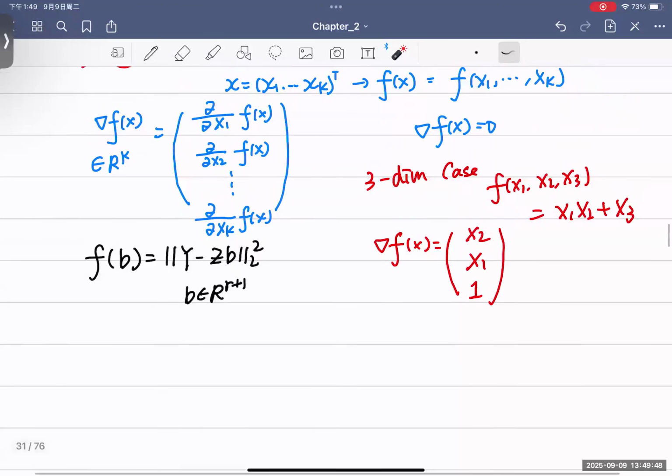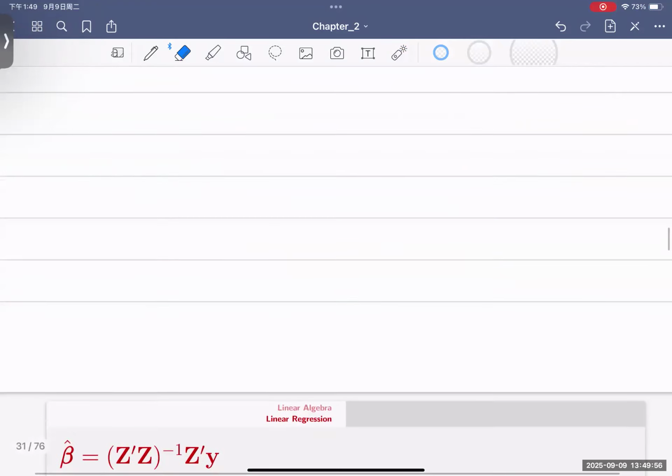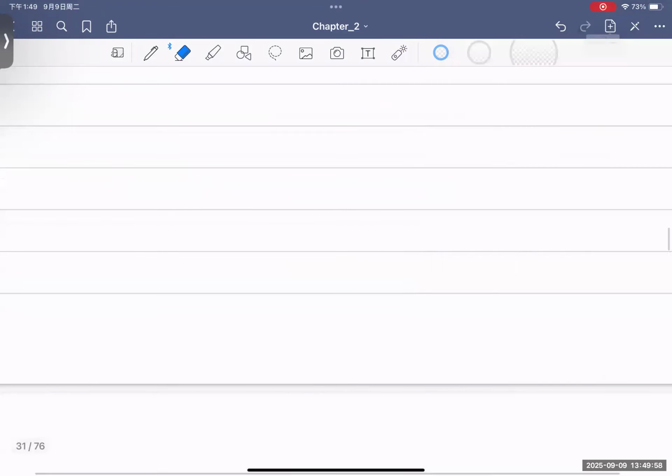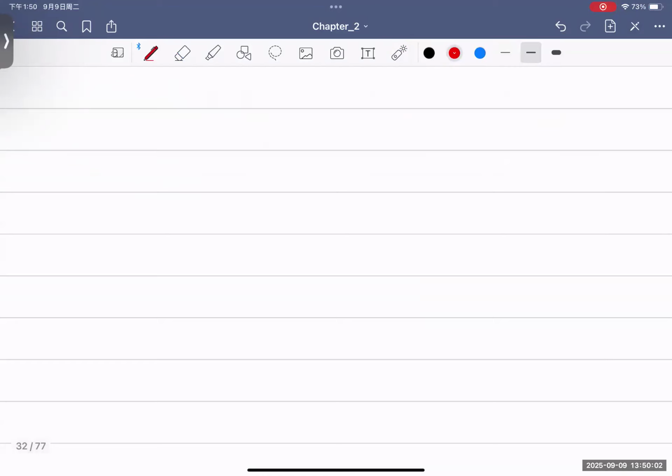Well, so this is just the case. Now, let me use another page. Now, let's go back to our function here. We're wondering what the gradient for this guy is.